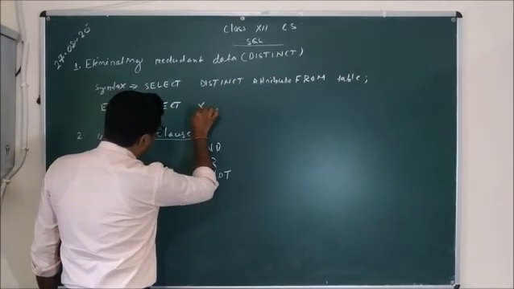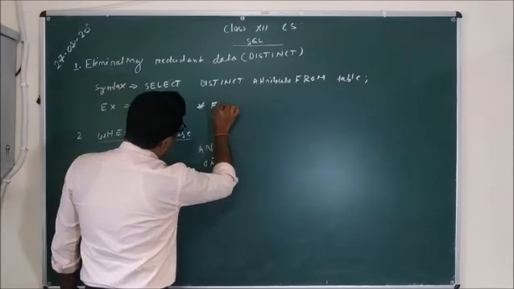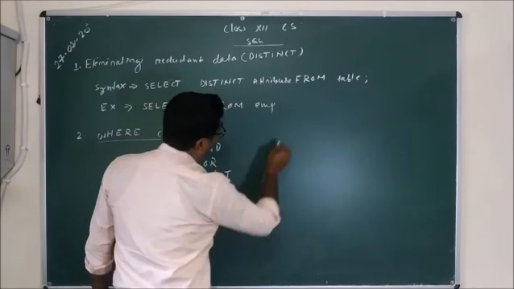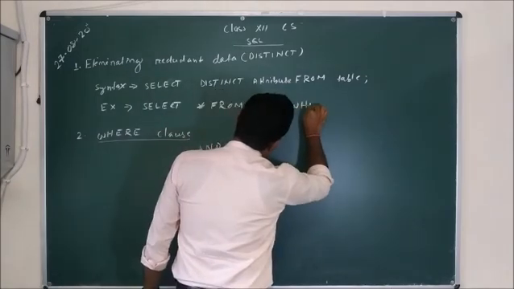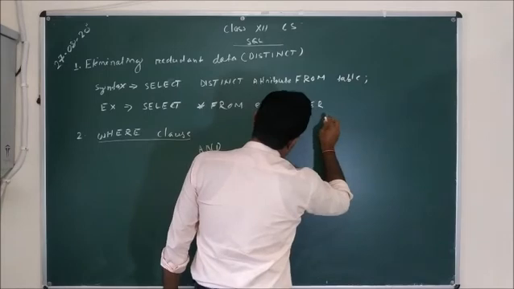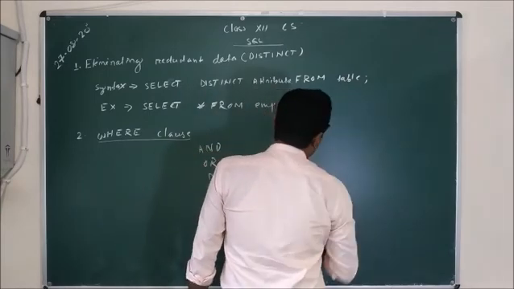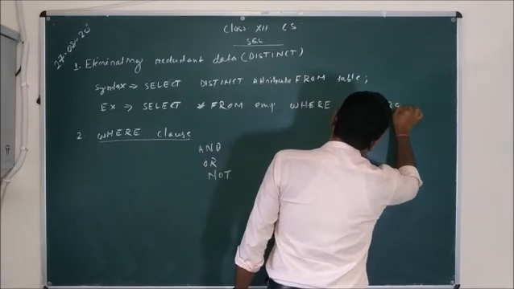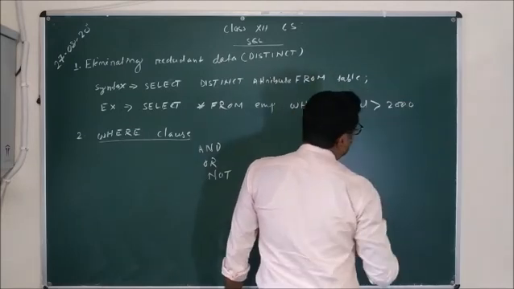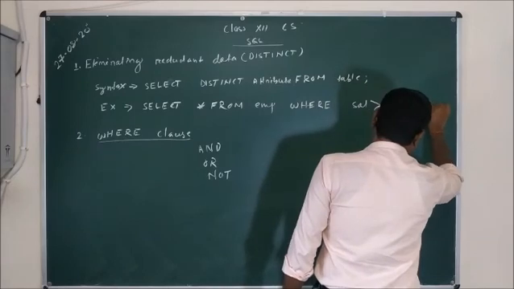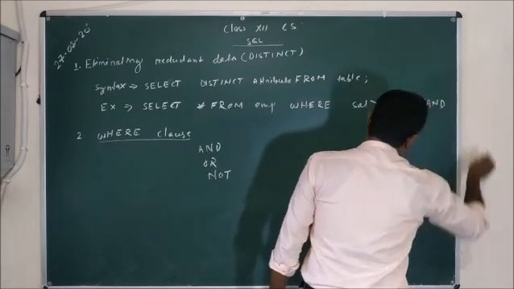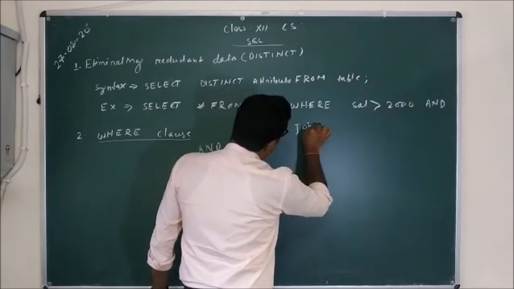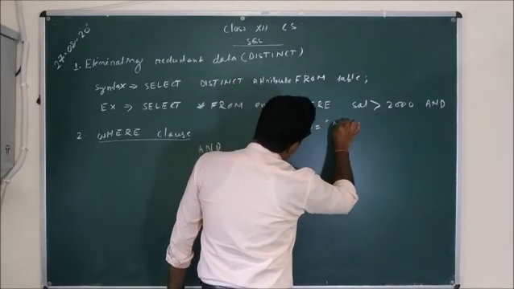Now select asterisk from EMP, then where, the first condition is salary greater than 2000 and, then the second condition is job is equal to manager.